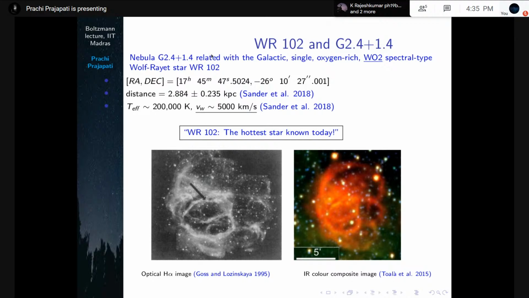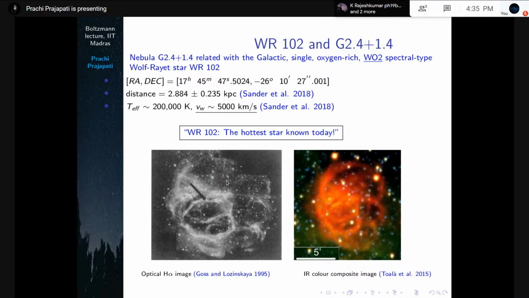This WO102 is an isolated single star, it is oxygen rich, and it is present at around 3 kiloparsecs from us, with a surface temperature of roughly 200,000 Kelvin. So this is one of the hottest stars known today, and its stellar winds are quite supersonic, with speeds around 5,000 to 6,000 kilometers per second.